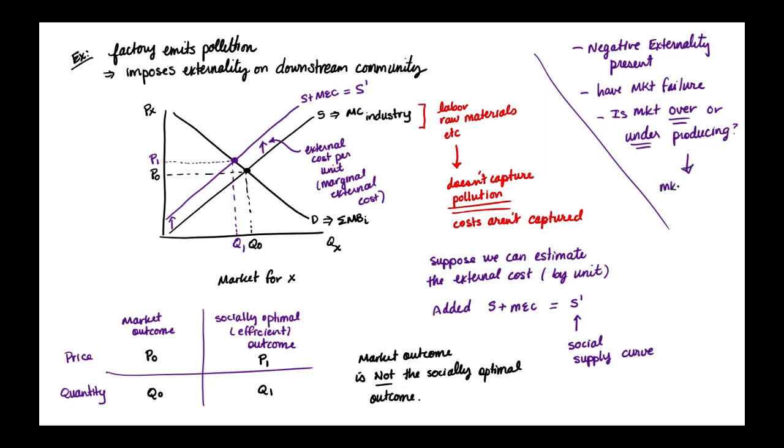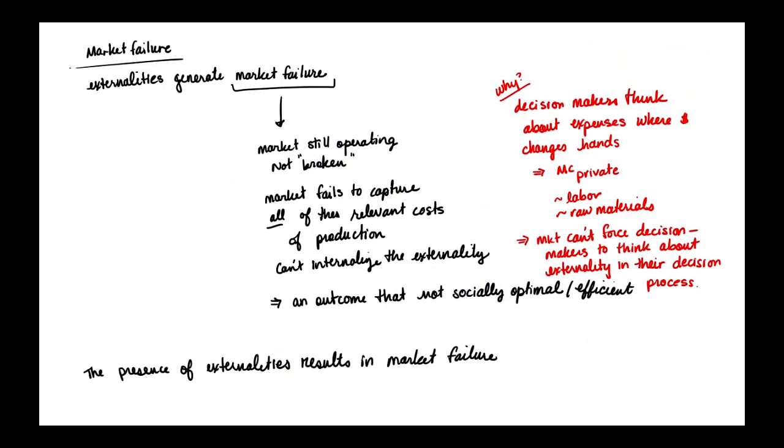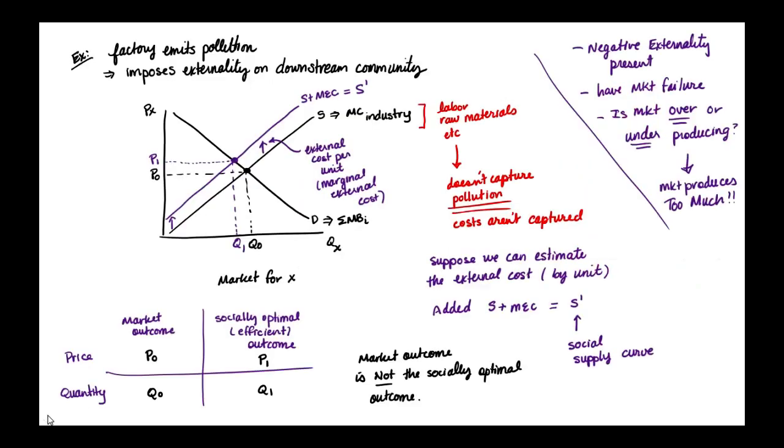The market is producing too much, right? Everyone agree with that? The market's producing too much relative to the socially optimal level. What's the answer, guys? So the market is overproducing, right?